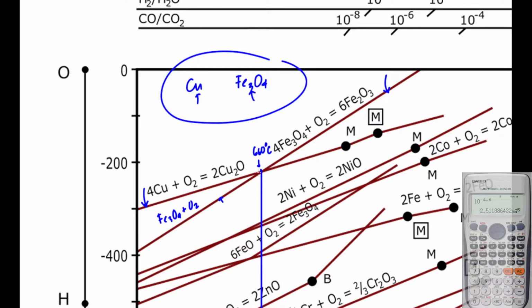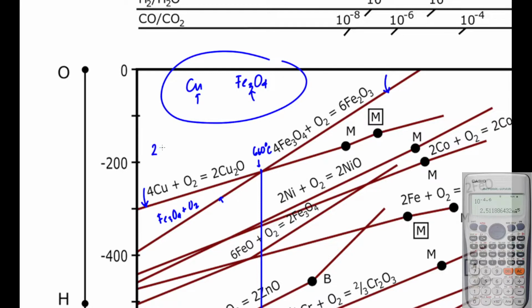So in this case, below 660 degrees Celsius, since this line is below, then the oxidation of Fe3O4 to Fe2O3 must be more favored, no. And therefore, dapat yung sa taas, itong Cu should be reducing, no?